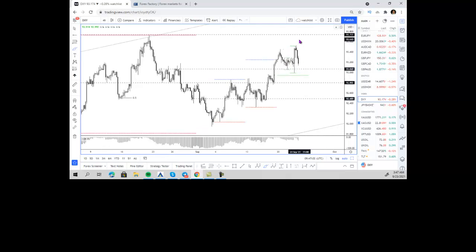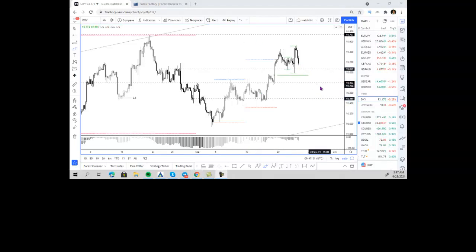More so because we made a new daily higher high, and we have seen buyers jump in twice at this level. So we cannot be certain of a break of the 93 level and a bearish continuation on the USD.